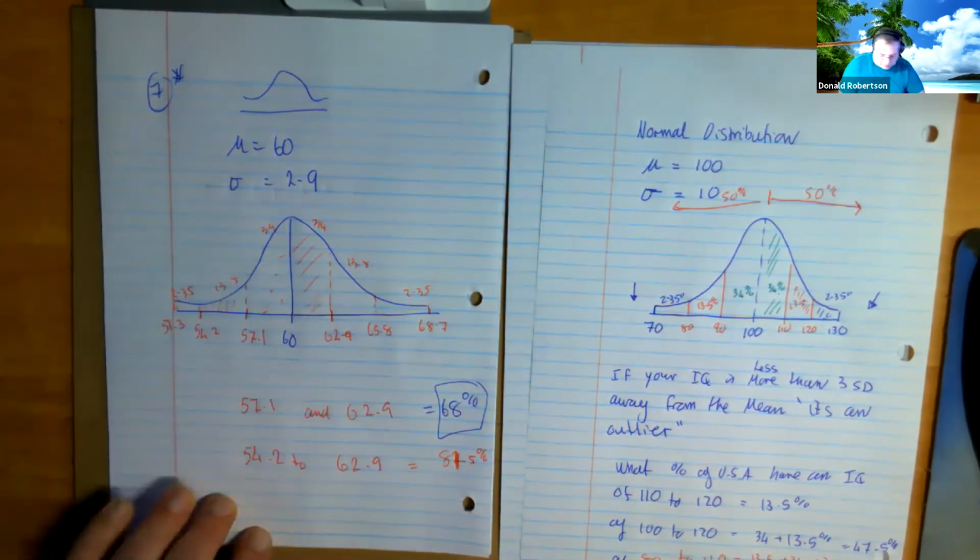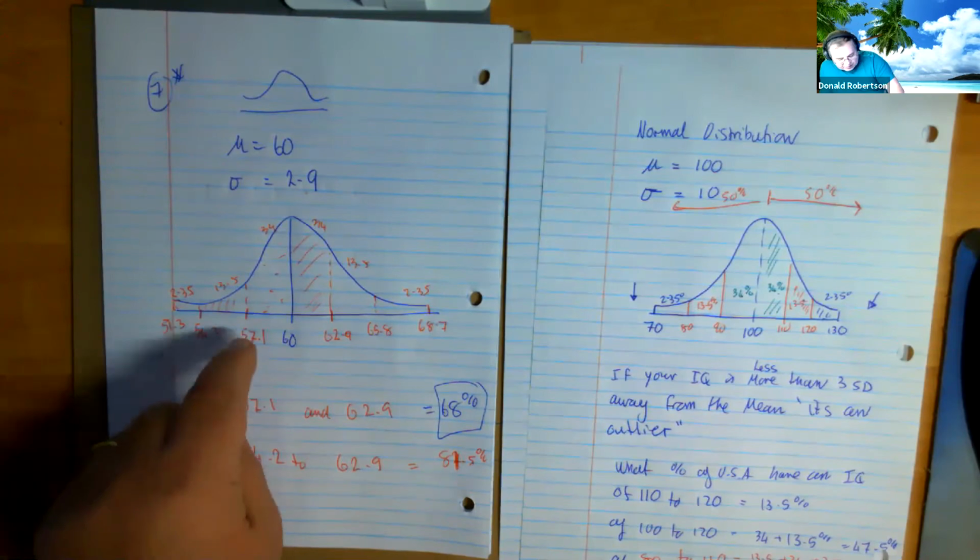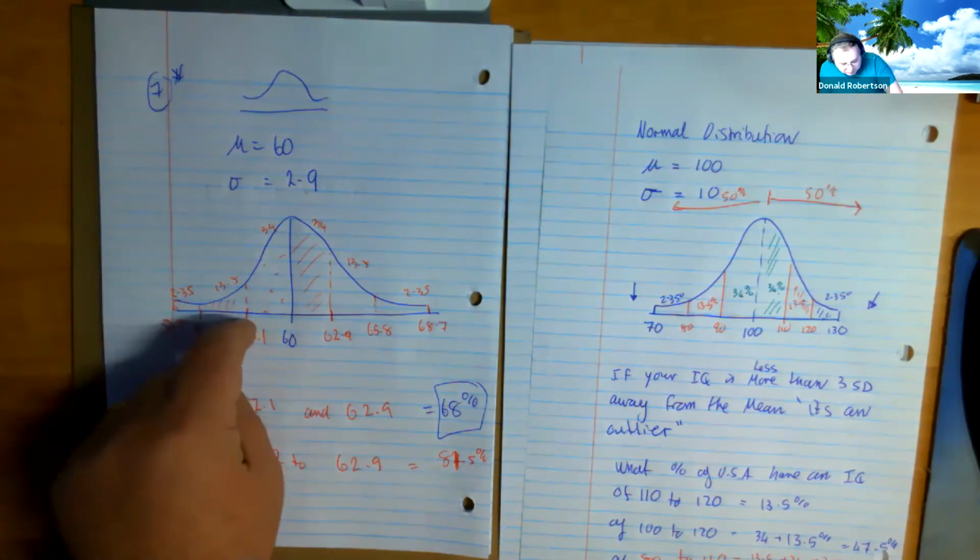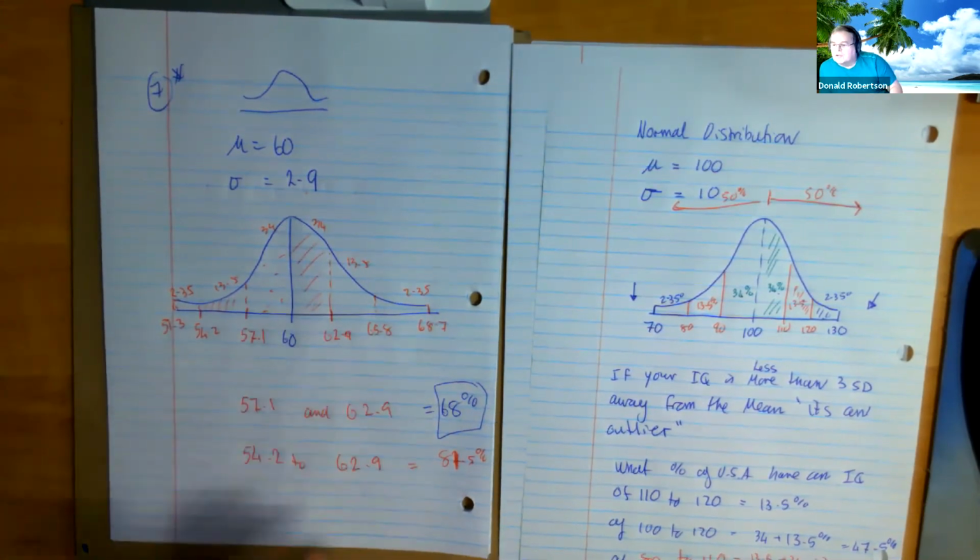But whatever way you do it, isn't it just a matter of tell me where to start and where to finish, and therefore I should be able to calculate what percentage of people are in that range?